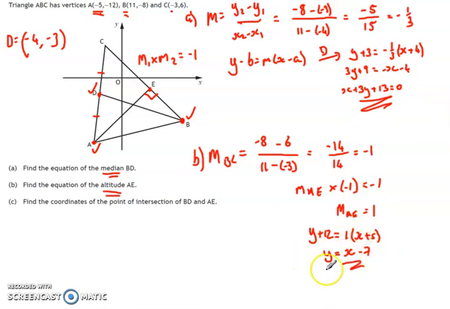Or, because I've got this in the format y equals something, what I could do, and it's the method I'm going to use here, is substitute it into this equation here, which has two variables, put it in terms of one variable x, solve for that x, and then substitute the x back into here to get the y part of the coordinate of intersection. Bob's your uncle, I've then got the point that I need.